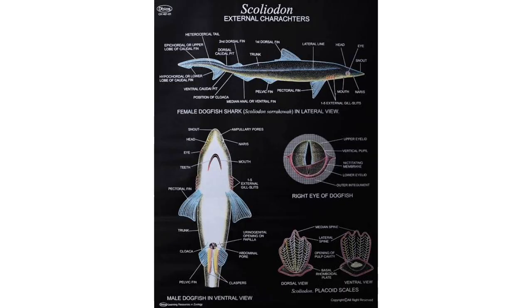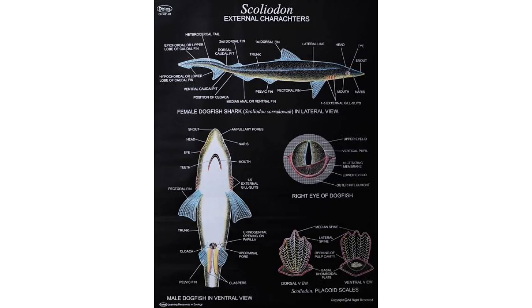They have the lateral line, which is used as a mechanoreceptor to detect movements in the water, so as to escape predators or to chase after prey. And this image is showing the external features of a female dogfish shark, which is Scoliodon, and the second one is showing the male dogfish shark, which shows the difference between their external structure.